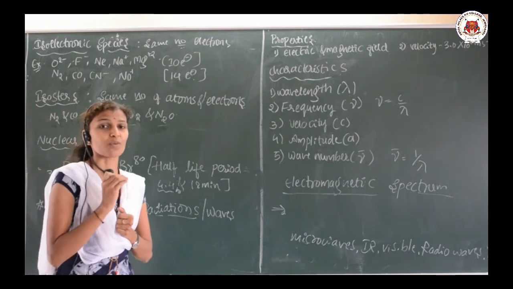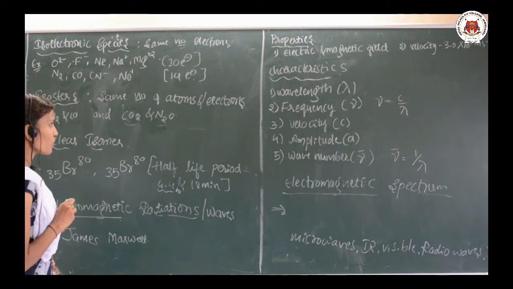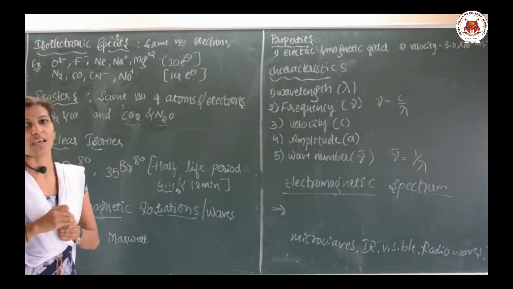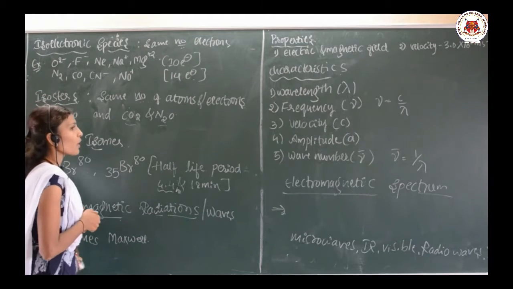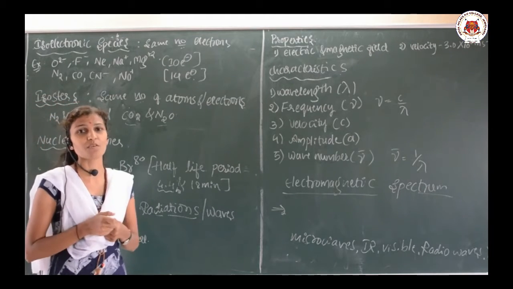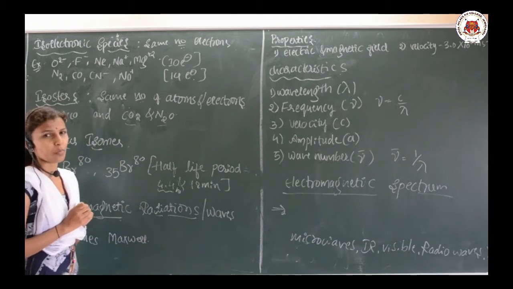Isoelectronic species have the same number of electrons; isosters have the same number of atoms as well as electrons; and nuclear isomers have the same atomic number and mass number, differing only in radioactive property.